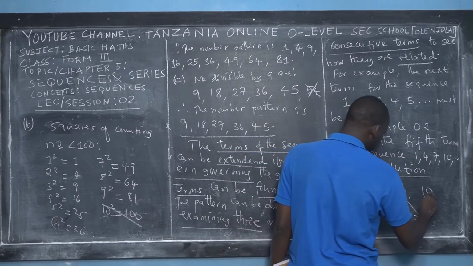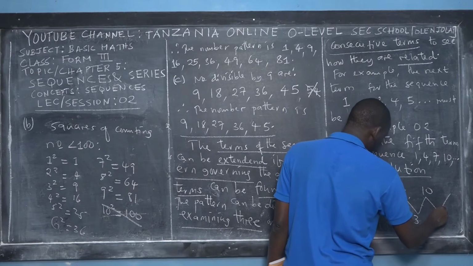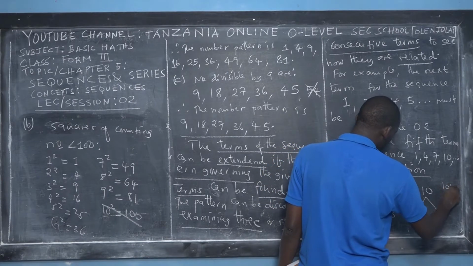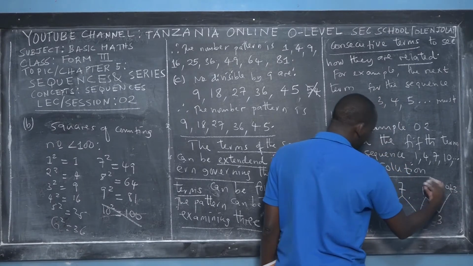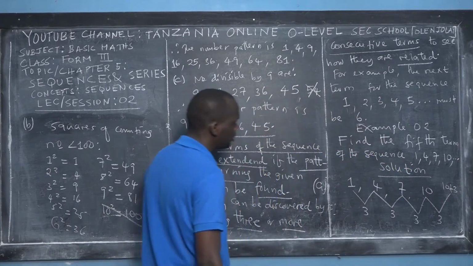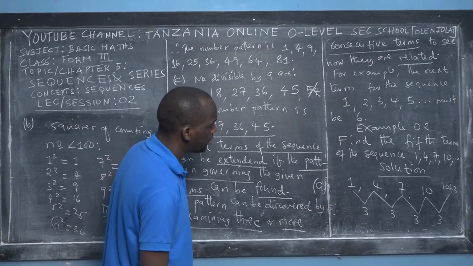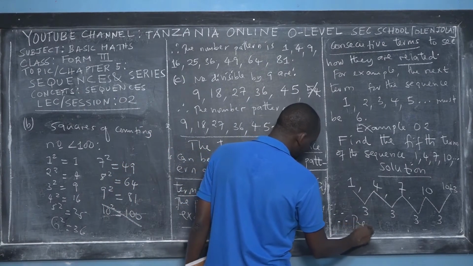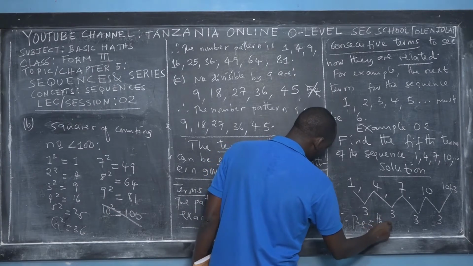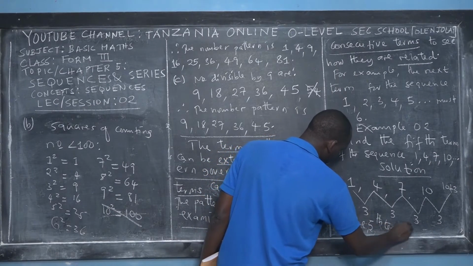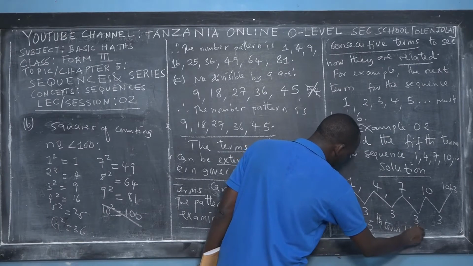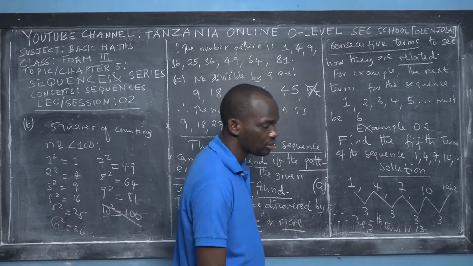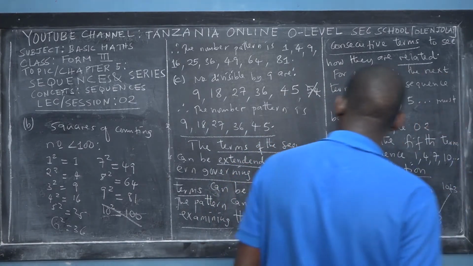Therefore the next term will be the fourth term plus 3, because 3 is the difference between the terms. So 10 plus 3, the fifth term in this case is 13.